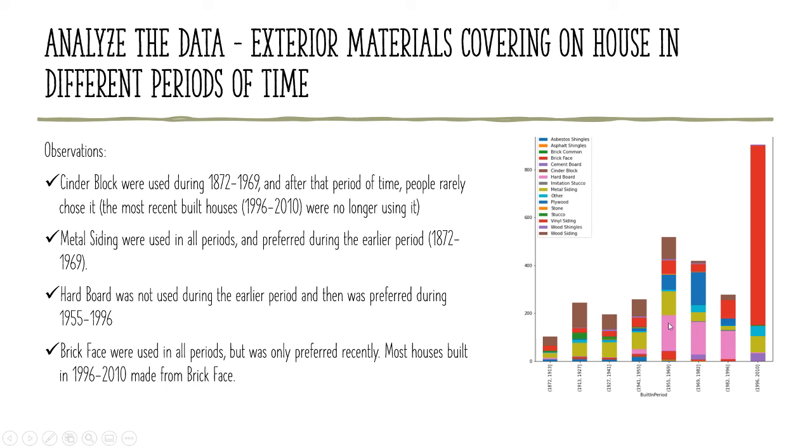The pink one, the hardboard, and the brick face, the red one, were used in all periods of time, but brick face was only preferred recently. Most houses built from 1996 to 2010 were made from brick face, as you can see over here.